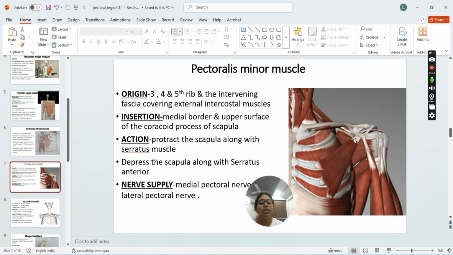Depression can happen with gravity, with the weight of the scapula and upper limb. It may come down to the normal position by gravity, or you can do it with a deliberate muscular activity by pectoralis minor and serratus anterior together. So protraction and depression of the scapula. Done?